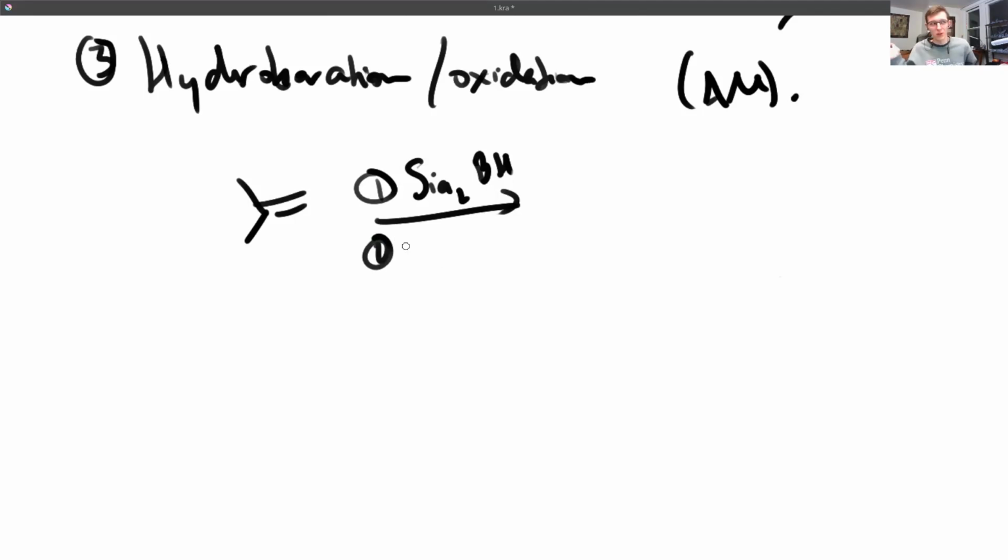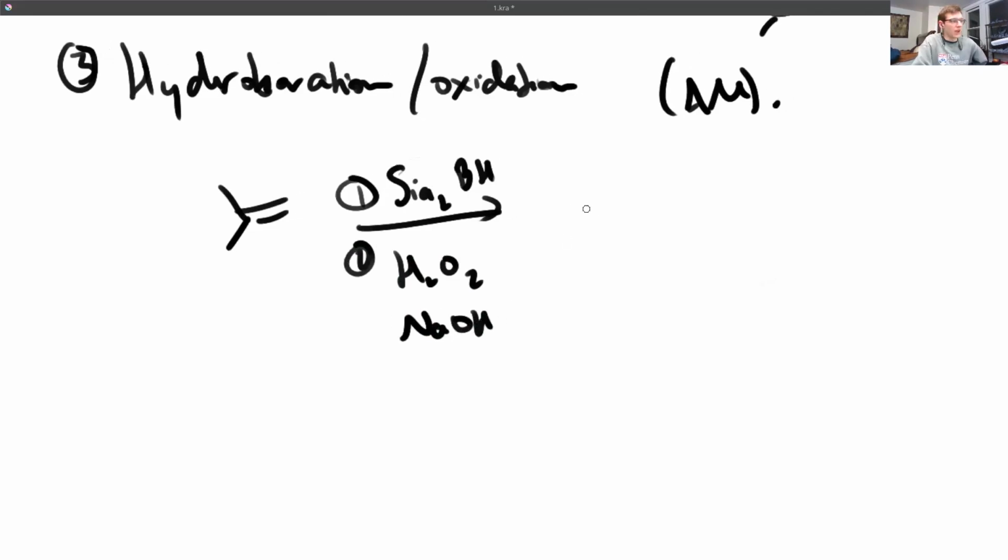In the next week or two, you'll see a whole bunch more because the next chapters are going to talk a lot about oxidation. But here, in terms of replacing the boron with an oxygen, you just have to use hydrogen peroxide. Anyway, that's all to say it's anti-Markovnikov. It goes on here.